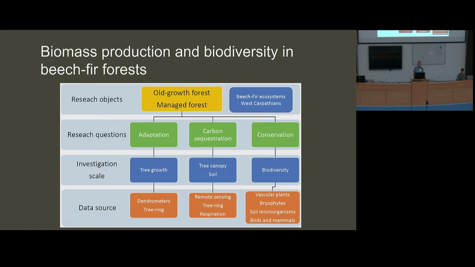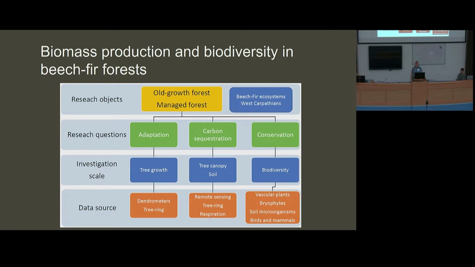And silver fir is becoming quite important because of climate change, as it seems to be better adapted to warmer conditions than, for example, spruce or other species. So that's why we explore the adaptation potential of these species in beech-fir forest ecosystems.